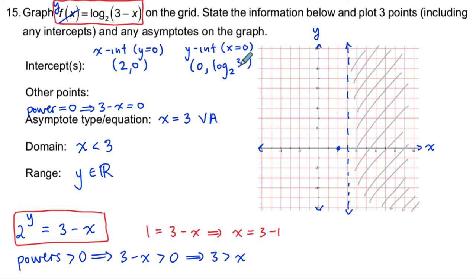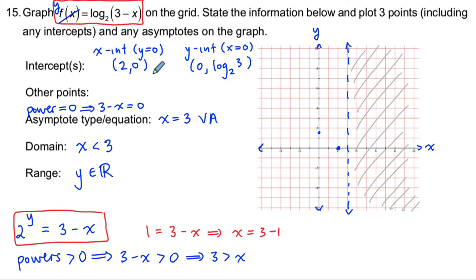But I know that 3, the power of 3, lands between the perfect powers of 2 that are 2 and 4. So log base 2 of 2 is less than log base 2 of 3, which is less than log base 2 of 4. So this y-intercept lies between 1 and 2. So I'm just going to plot somewhere between a height of 1 and 2, that y-intercept.